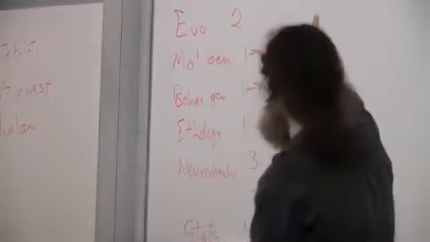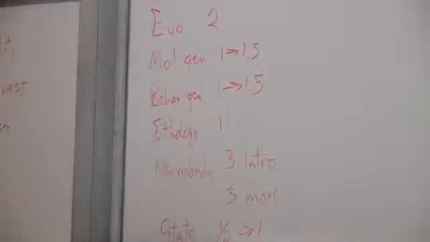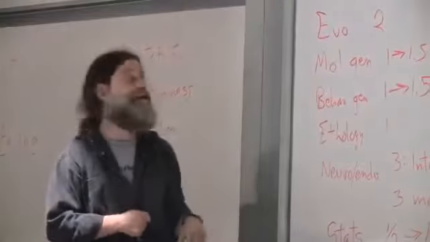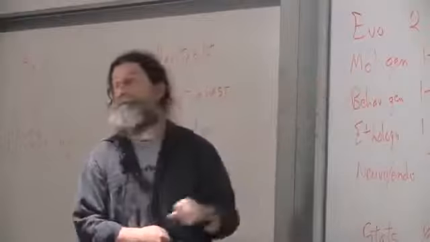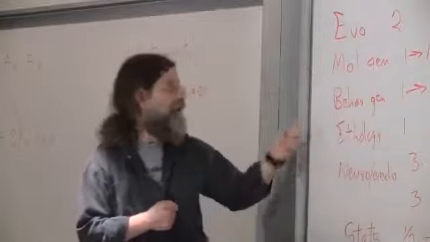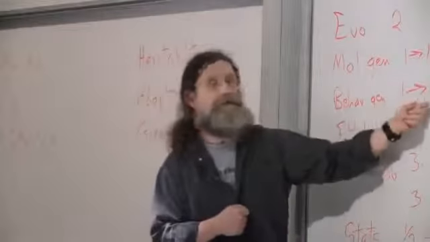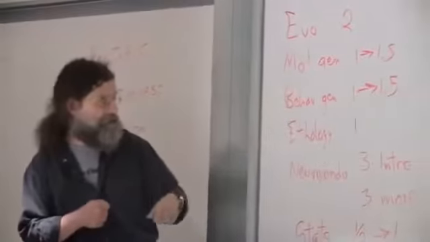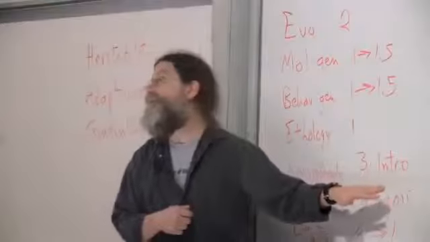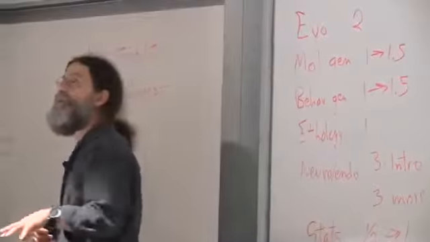Let's see, what else? People wanted to get a sense of how long things were going to go. As we'll see today, the evolution lecture topic will cover two classes. Molecular genetics, which is what we'll pick up on Monday, I'm guessing one to one and a half. Behavior genetics following that, one to one and a half. Ethology, one. Neurobiology, endocrinology, we'll have one week devoted to intro to the topics.